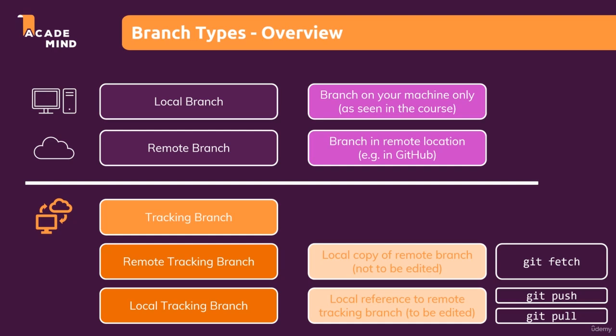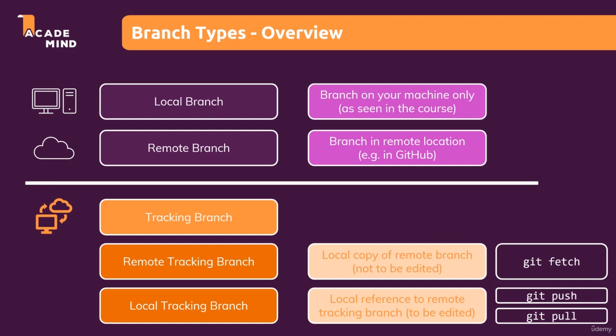And the logic now is that our remote tracking branch gets the latest information from the remote branch. The local tracking branch is connected to the remote tracking branch, and with that also has the latest changes incorporated. We can then edit our local tracking branch, and once we're done, we can push these changes to the remote tracking branch, and with that, we can push changes to the remote branch on GitHub.